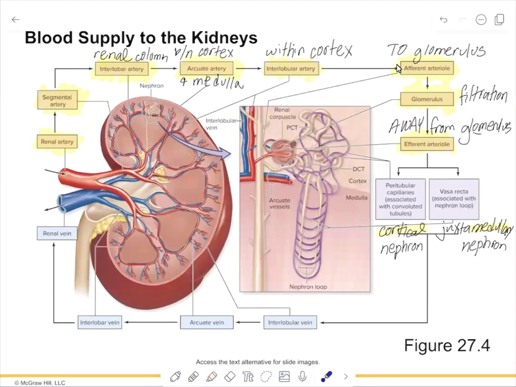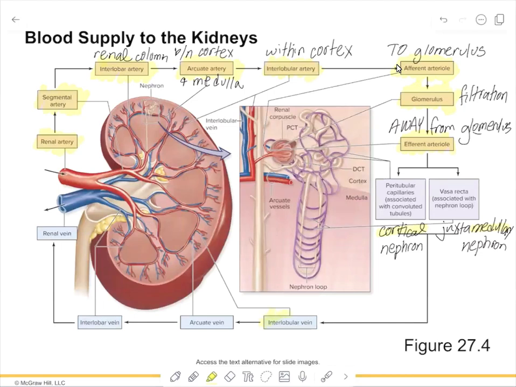So after all of this has happened here, blood has been removed from the filtrate. The filtrate is what eventually becomes the urine. Now what's remaining is going to essentially be deoxygenated blood, which is going to eventually go to the inferior vena cava.